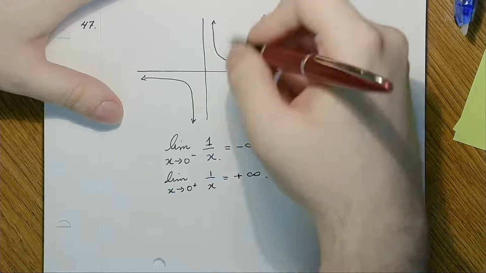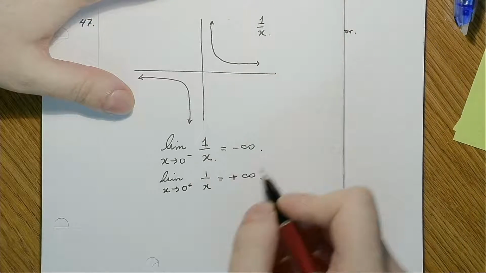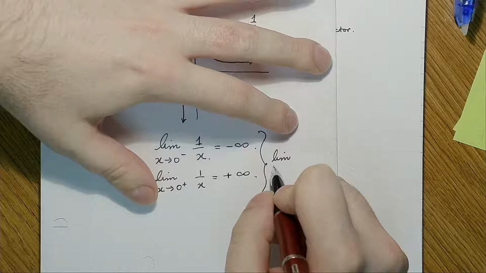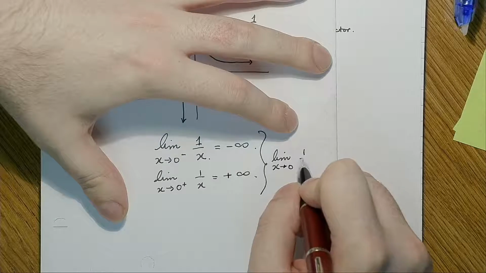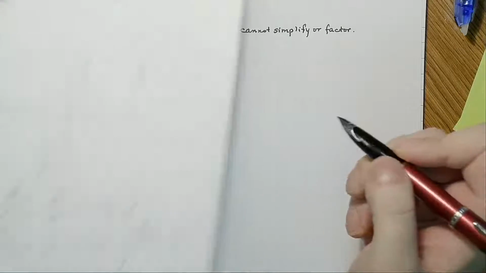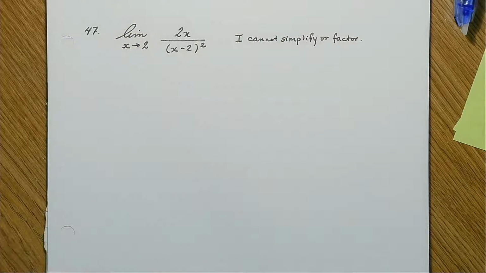So again, we have a mismatch of the values. That limit doesn't exist. And you see what that form is like. It's like 1 over x. And it's very similar to this as well. I have this 1 over x idea.